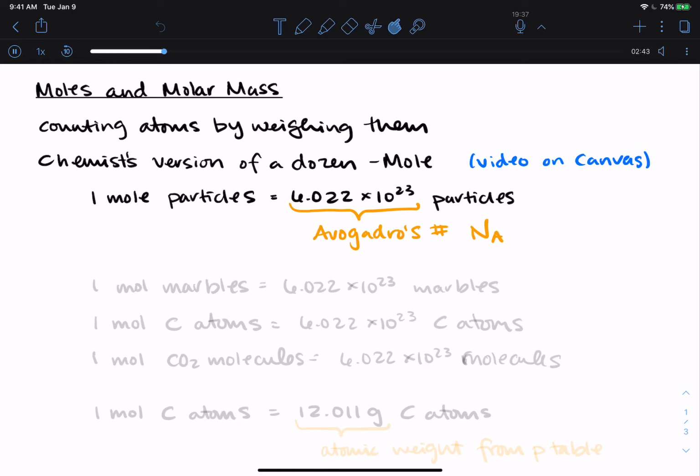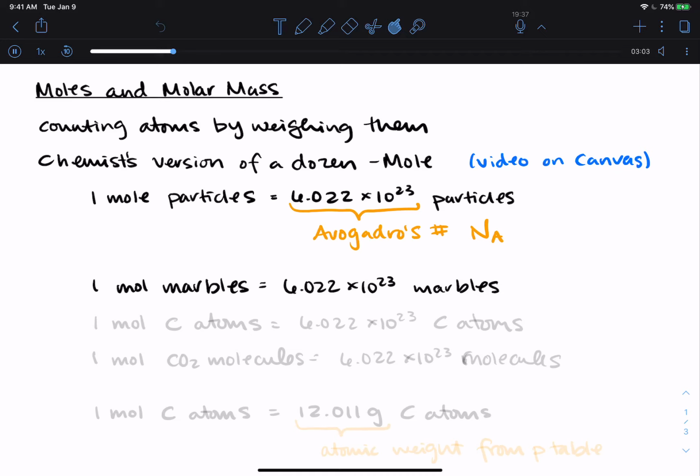All right, so 1 mole of particles. This means that if you have 1 mole of marbles, this is equal to 6.022 times 10 to the 23rd marbles. It's a lot of marbles.